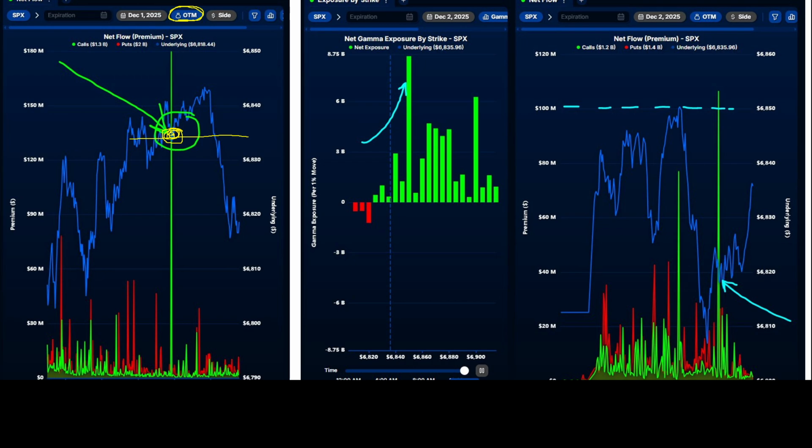Remember that they bought or sell volatility, no directionality, no directional position. Here another example, the price will try to go and this bar acts like a magnet.